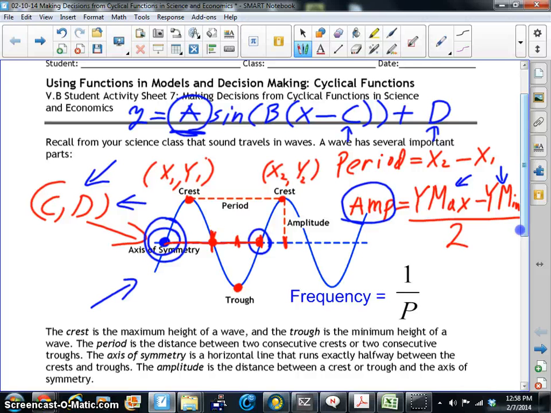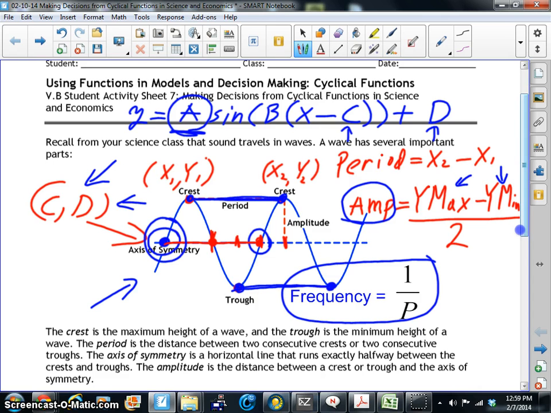Finally, for the period, we're looking at the distance between the two crests, just like this, or the distance between two of the troughs, or the two minimum values or valleys. The period is from maximum to maximum, minimum to minimum. We also have something called frequency, which is 1 over the period.